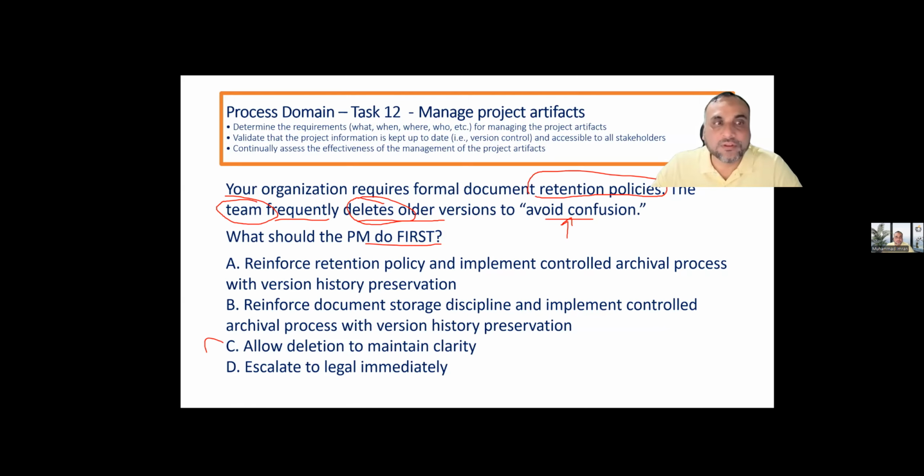So you know that these cannot be the answers, and you need to choose one of them from A or B. So read the words carefully. Reinforce retention policy. Reinforce document storage. Problem with the retention policy, right? Question always has the answer. Just select it. Very good.